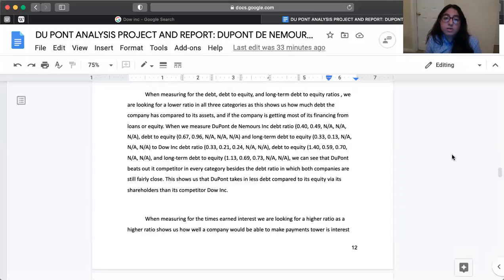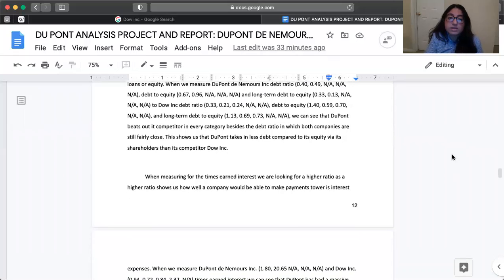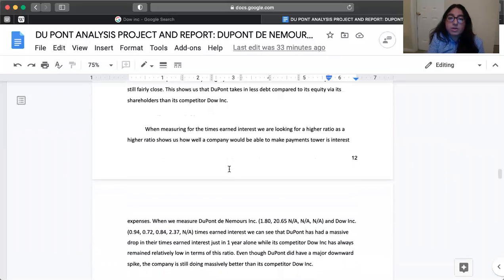When we measure DuPont Nemours Incorporated's debt ratio, debt to equity, and long-term debt to equity against Dow's, we can see that DuPont beats out its competitor in every category besides the debt ratio, in which both companies are still barely close. This shows us that DuPont takes in less debt compared to its equity via its shareholders than its competitor, Dow Incorporated.